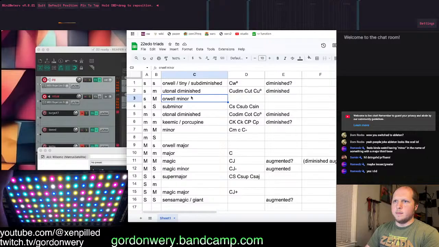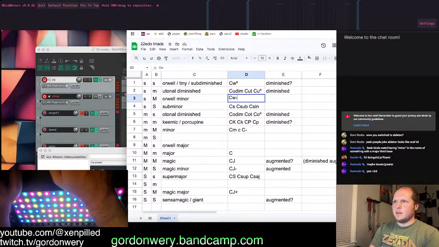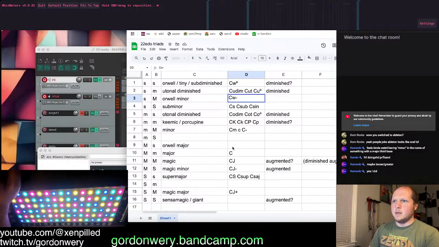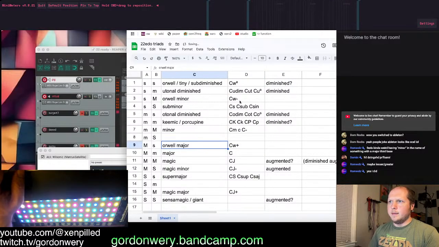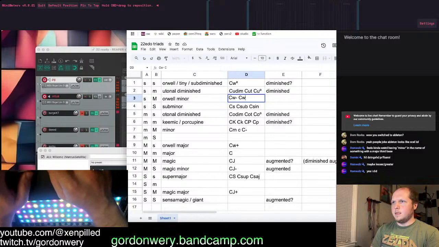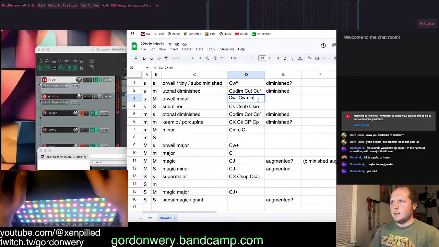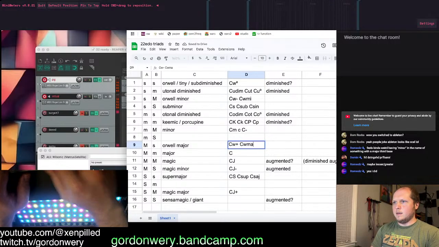This one starts with a sub minor, and that could be CW minus and then CW plus. I also kind of think about getting rid of the redundant M's, because alternatively it could be CW min, you know what I mean? It's starting to get crazy. CW my, CW ma. So these are definitely options.